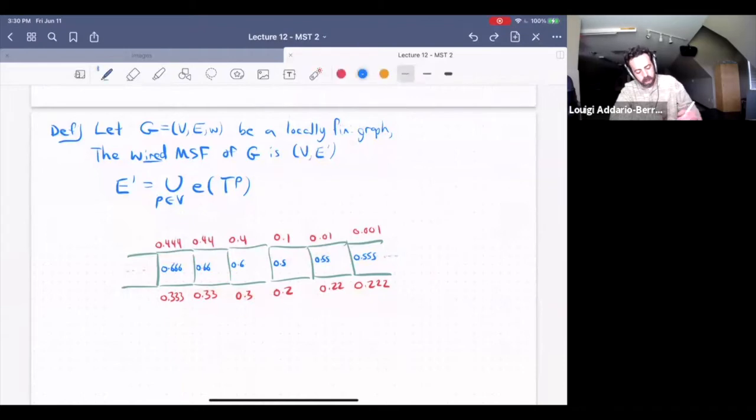And so for this graph, the wired minimum spanning forest, the WMSF, consists of all horizontal edges.